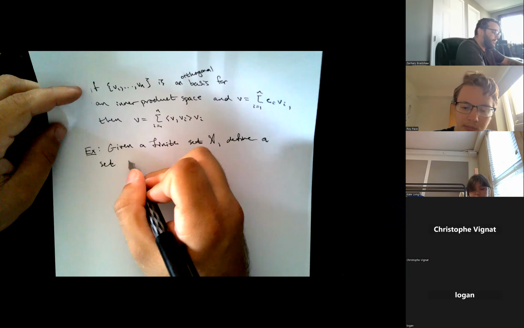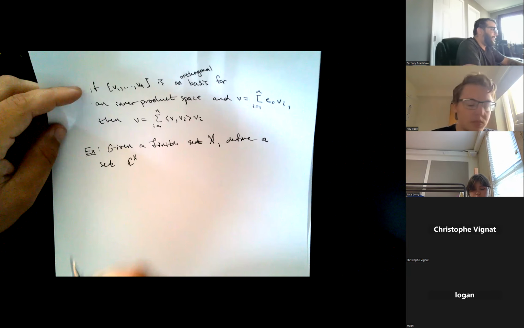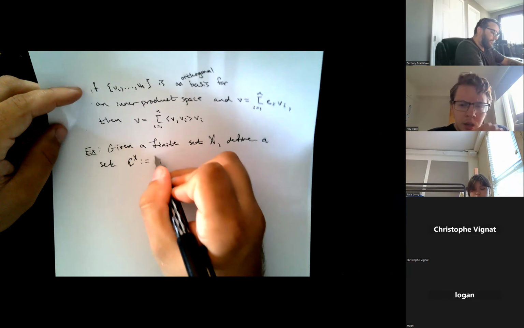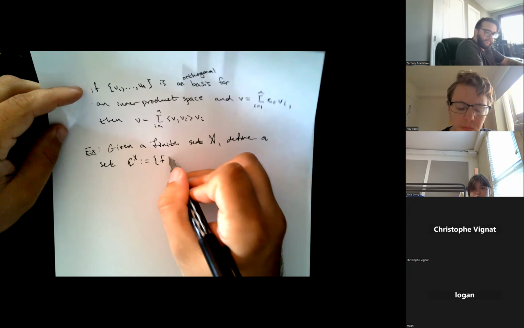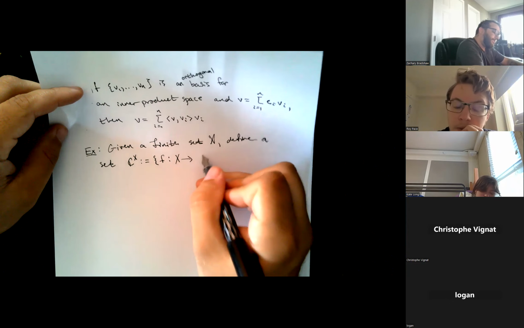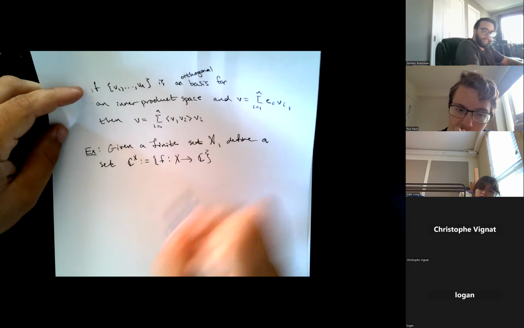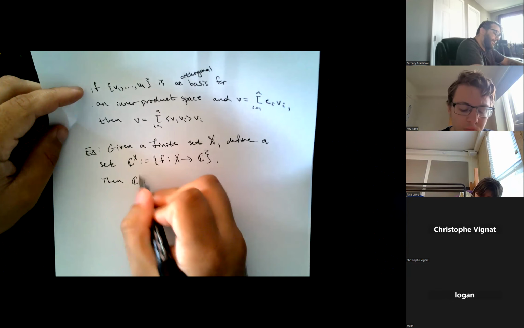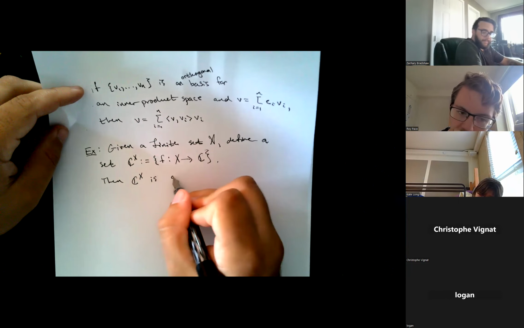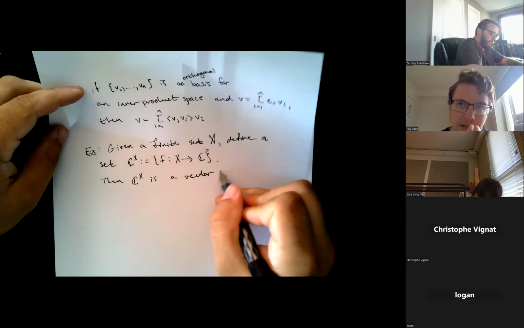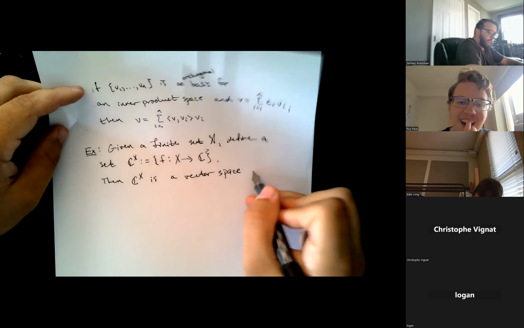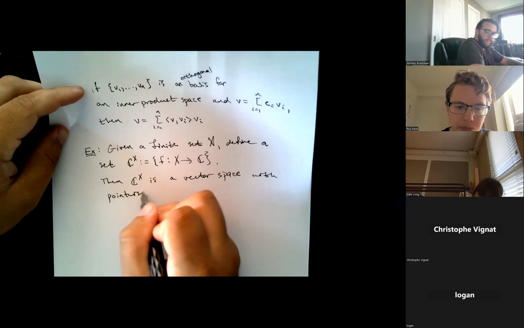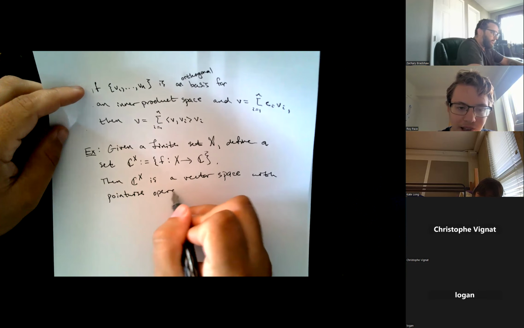We're going to call it C with an X as a superscript: functions from X to C. Then this set is a vector space with pointwise operations.